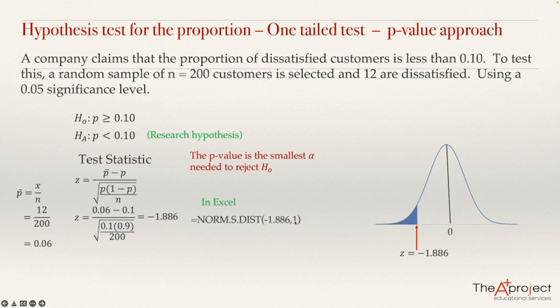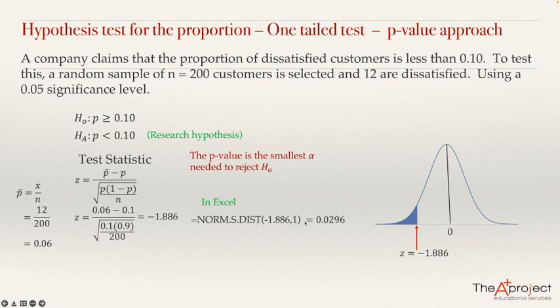You need to type the 1 to tell Excel that this is a cumulative distribution. That means that you are going to compute all the area until that number. And don't forget to use the equal sign at the beginning. Press enter, and Excel is going to give you this area, and this area is the p-value.